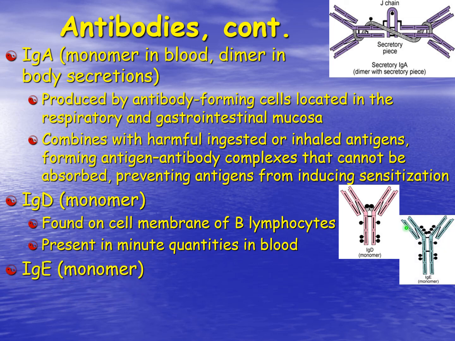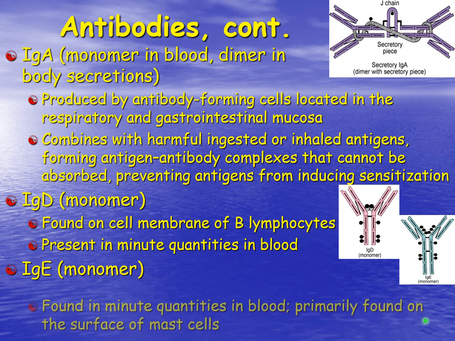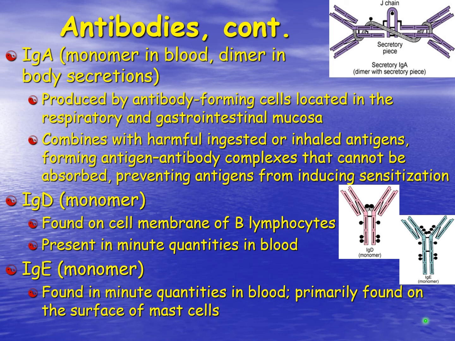And then IgE also is found in very small amounts in the blood because this one also will be attached to a cell by the Fc region, and this is going to be inserted into the surface of mast cells and basophils. IgE is oftentimes involved in allergic reactions or hypersensitivity reactions, and one of the reasons is because the mast cell has basically been sensitized to an antigen, or an allergen in this case, by the IgE present.